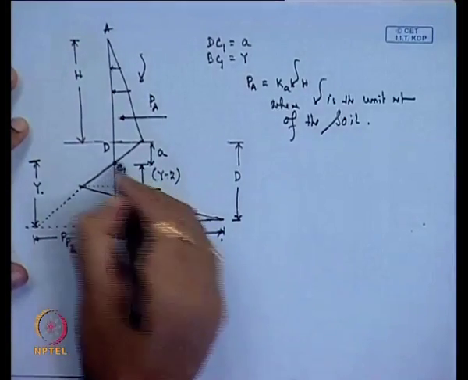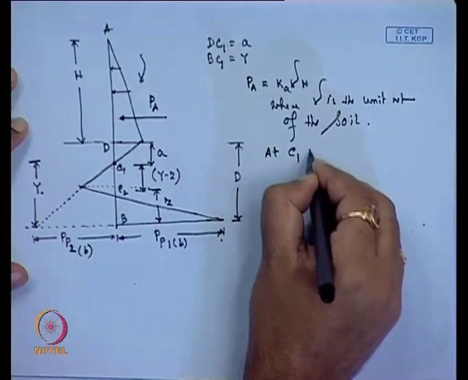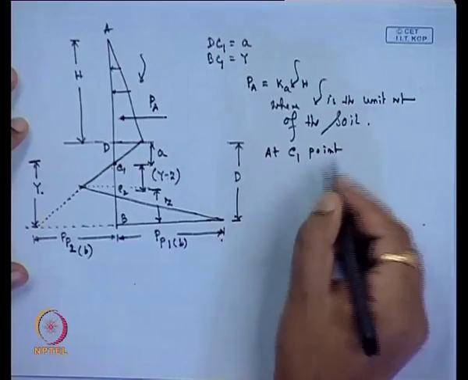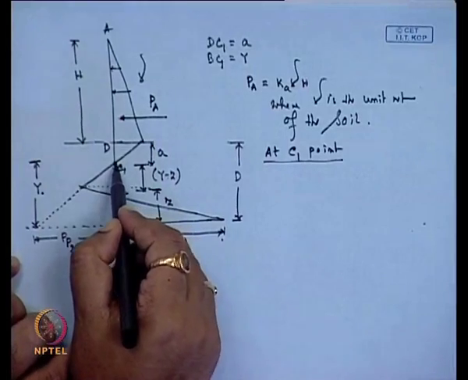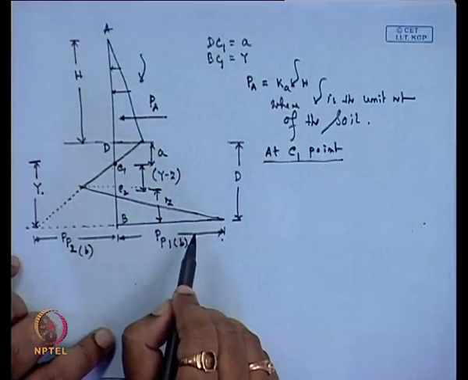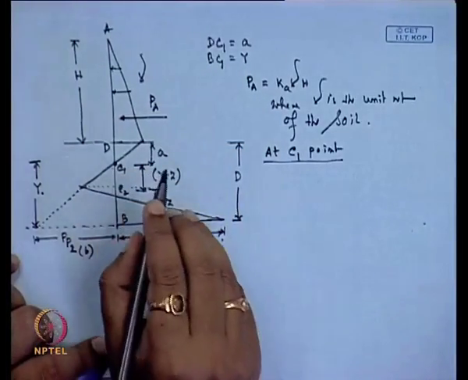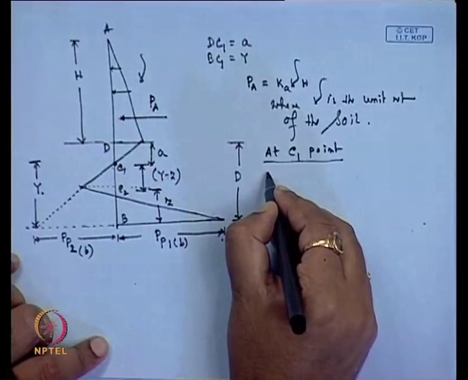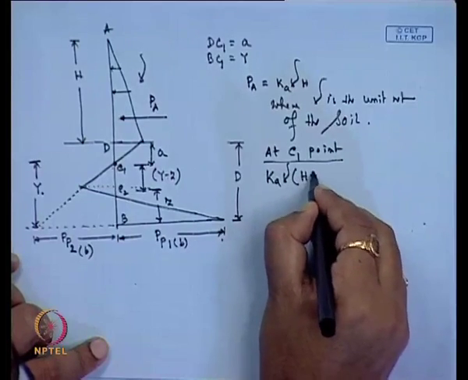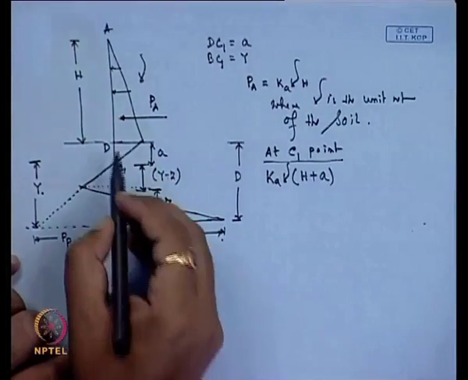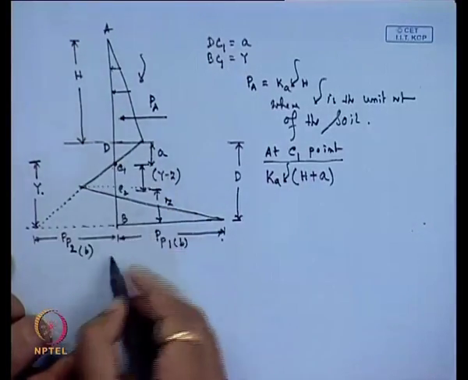Now, at this C 1 point, the net pressure is 0, that means the active pressure is equal to the passive pressure. If I write it in this form, at C 1 point the active pressure will be K A gamma into H plus A, because it is a net pressure diagram.